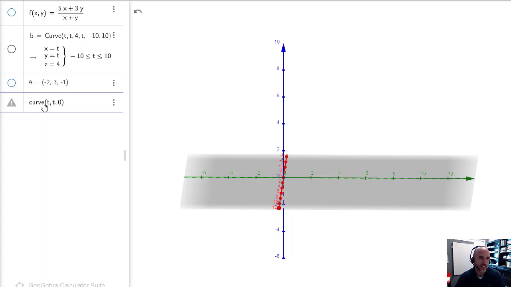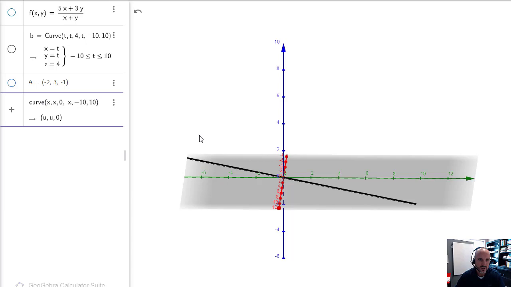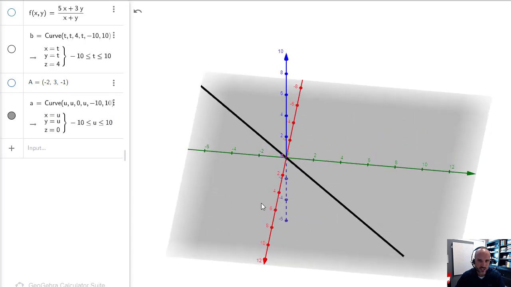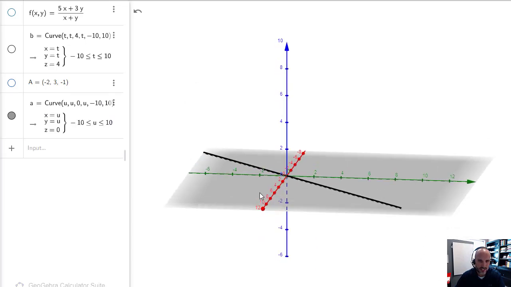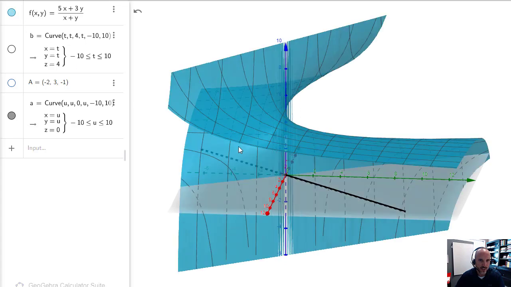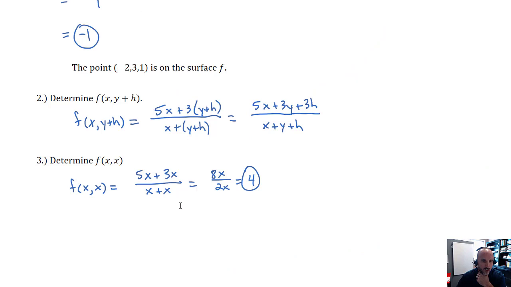So x and y are both given by the, in fact, let's just use x. Maybe that'll work. X for x and y, and then z is 0. And then our parameters x, and we'll let x run from maybe -10 to 10. So this is the line y equals x right here, okay, on the xy plane. Let's turn our curve back on and understand what happens whenever we look back at our notes here.